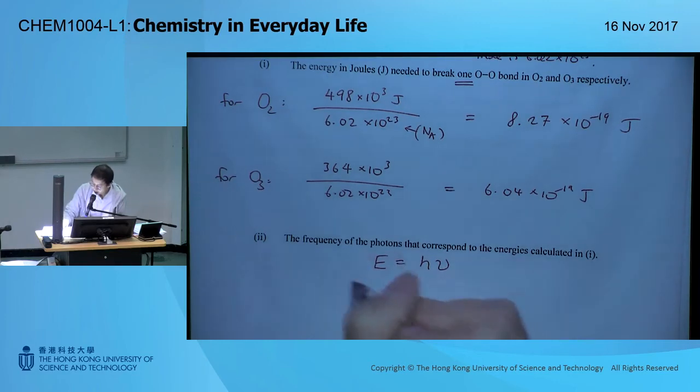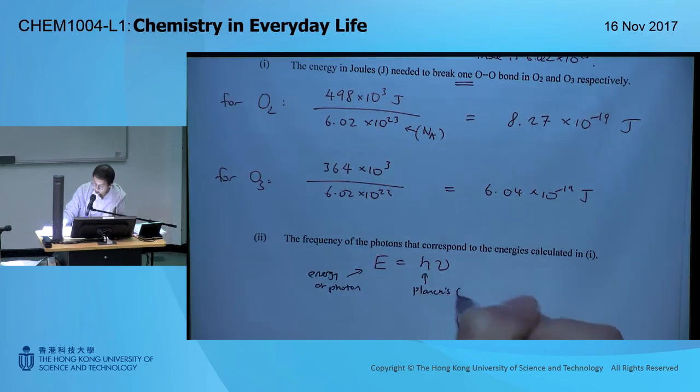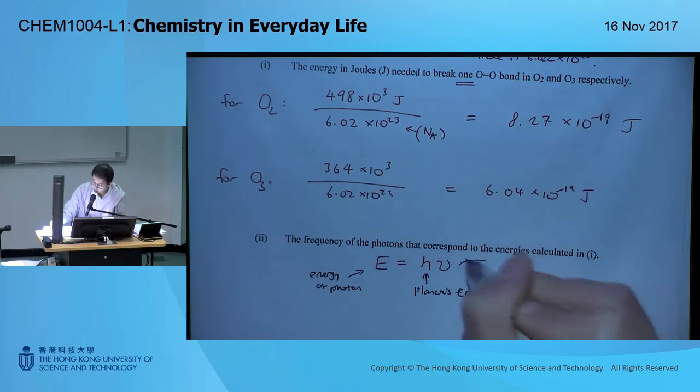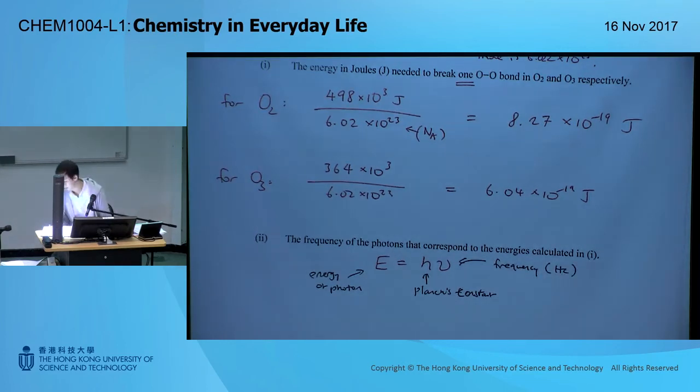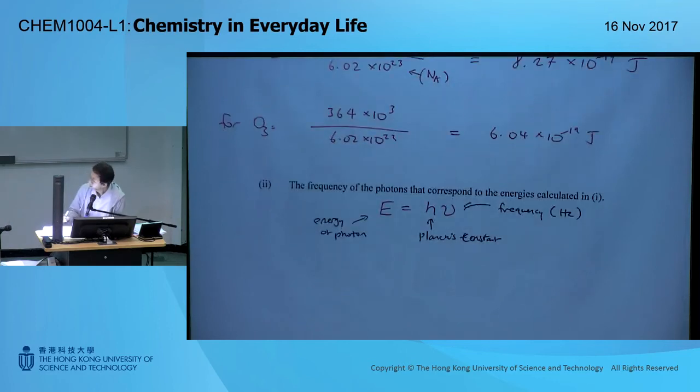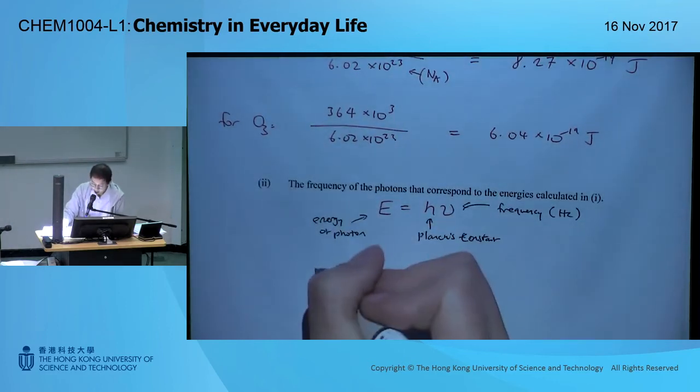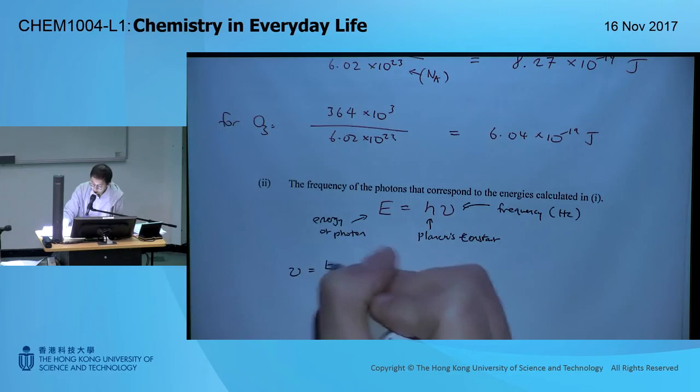E is the energy of the photon, h is Planck's constant, and nu is the frequency in hertz. This is given in the data book. So if we want to work out the frequency, then the frequency is E divided by h.